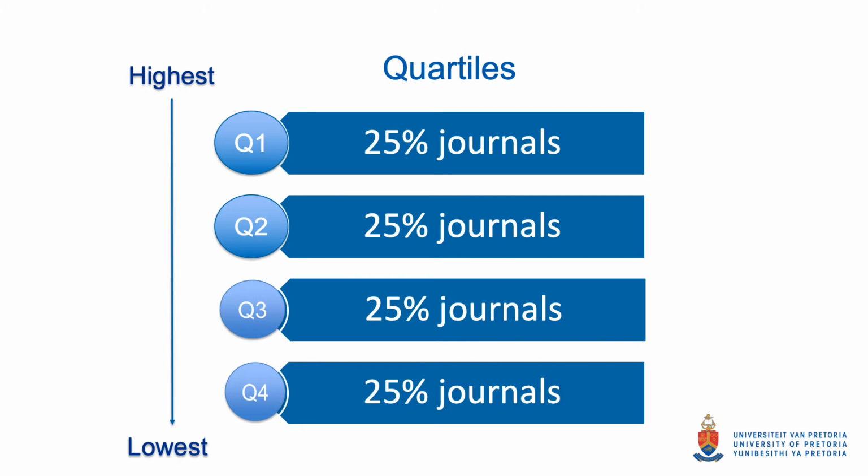I prefer to look at the quartiles rather than the impact factor of the journals, because the impact factor does not really tell me where the journal is lying within their subject category. If a journal lies within quartile 1, I know that it lies within the top 25% ranked journals of its subject category, or quartile 2 would lie within the top 50% of the subject category.